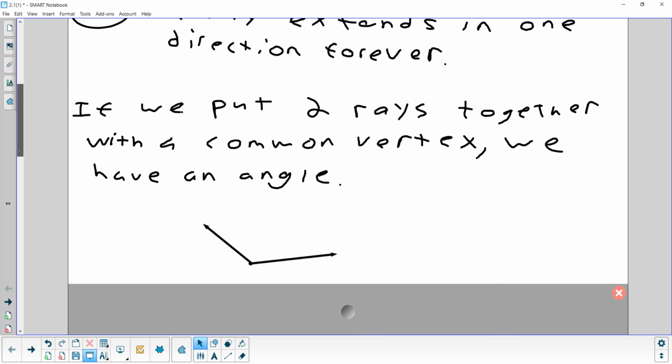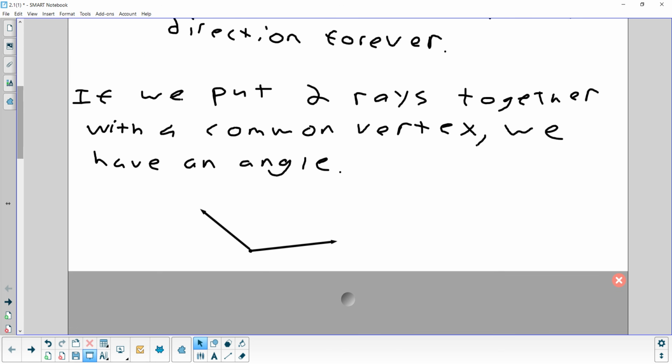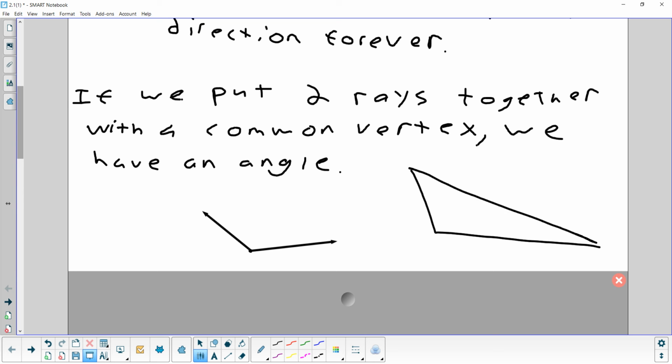And there's another example, putting two rays together and making an angle. So that's an angle by itself. You can also have an angle that's part of a shape. Now those aren't rays. Those are three line segments.